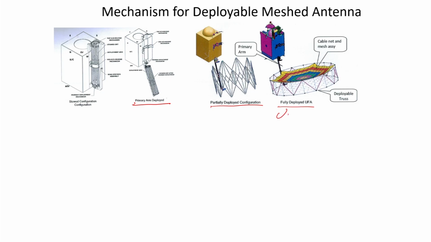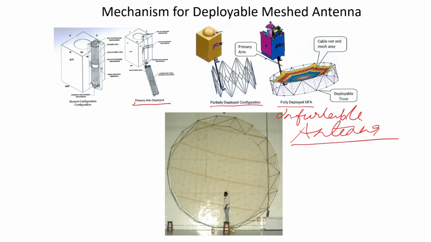Different trusses are used as a support structure, and this is the cable net. This will work as a reflector antenna. This shows a deployment test, and that is how the antenna looks. This can be a very big antenna; the diameter of the reflector is 6 meters.